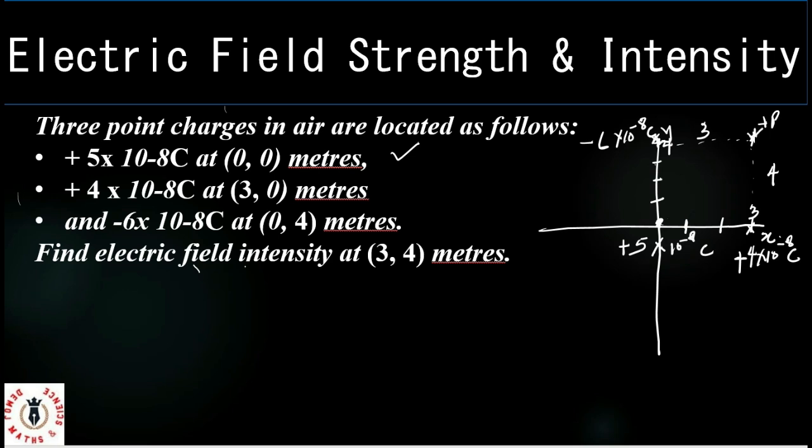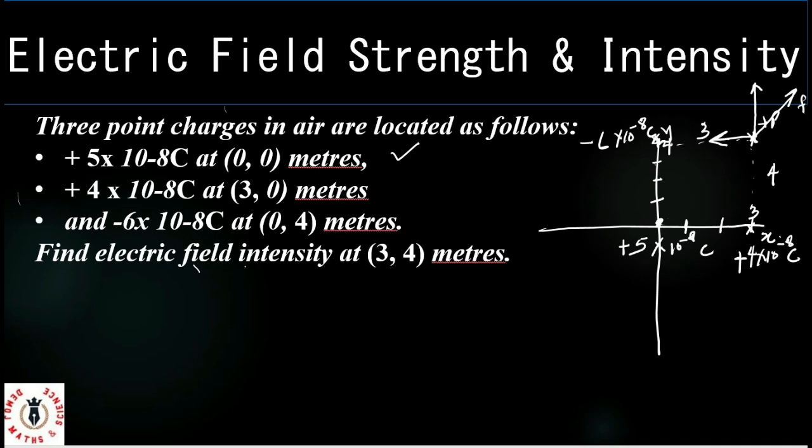There will be a force of repulsion, which will go in this direction. Now, going to the second charge, which is a positive charge too, there should also be a force of repulsion, which will push it in this direction. Then, owing to this negative charge, there should be a force of attraction, which will push it in this direction. Now, we can begin to calculate each of the forces.